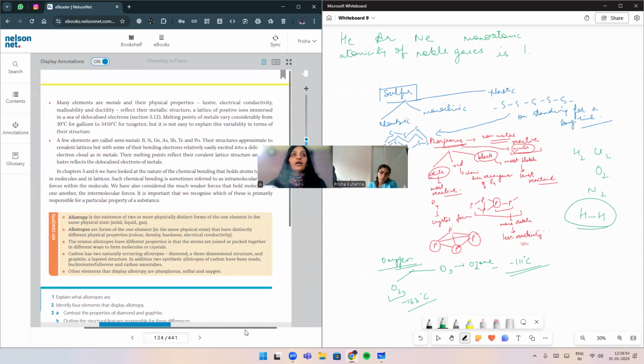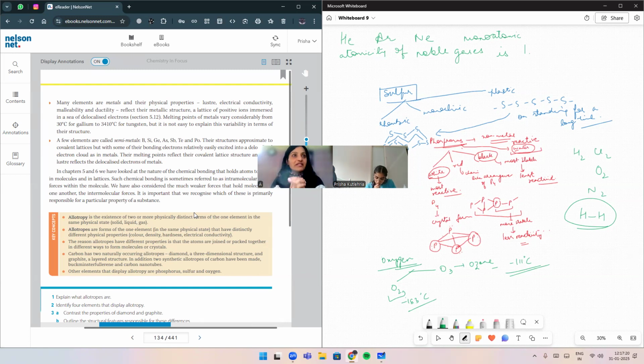Elements which are metals, and their physical properties: they are very lustrous, they are good conductors of electricity, they can be beaten into sheets, and they can be drawn into wires. Actually, it's a lattice structure. The base is formed by the positive ions, and there are delocalized electrons in which the positive ions are immersed.